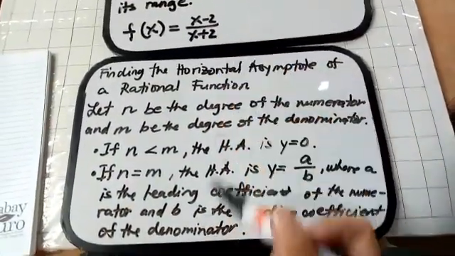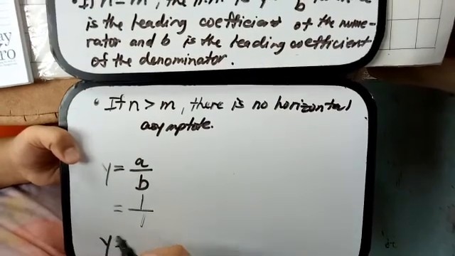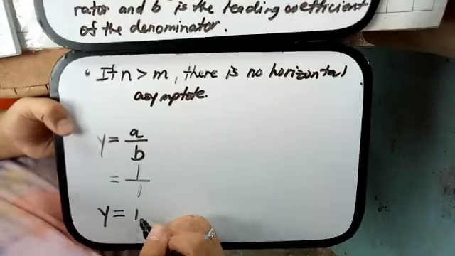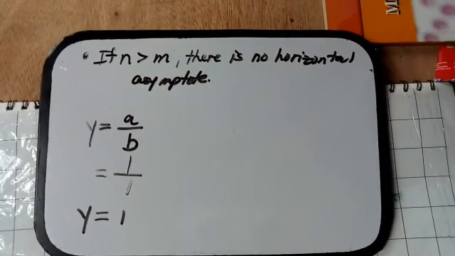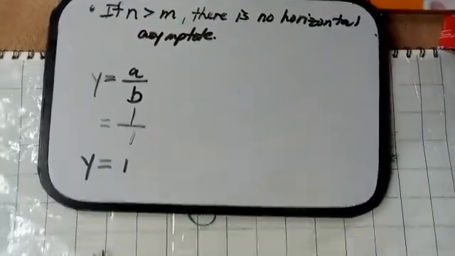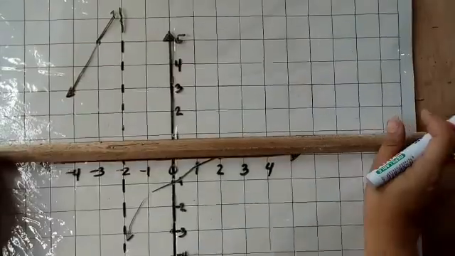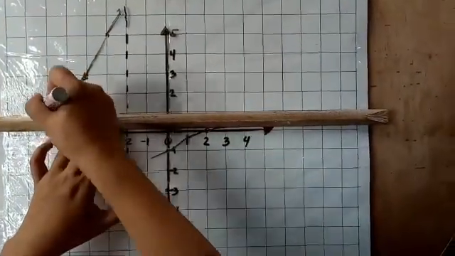So the horizontal asymptote is 1 divided by 1, which is equal to 1. So in the graph, y equals 1 here. We will plot the horizontal asymptote.